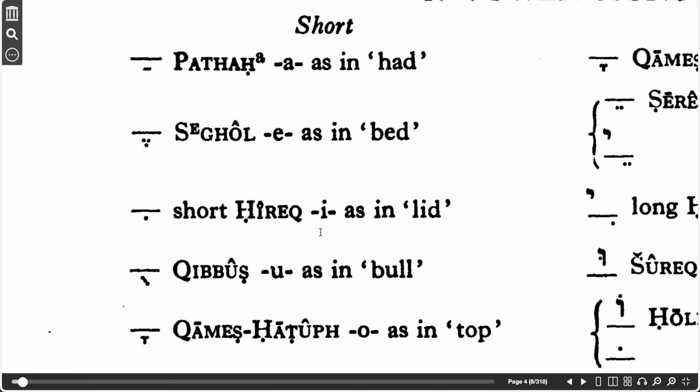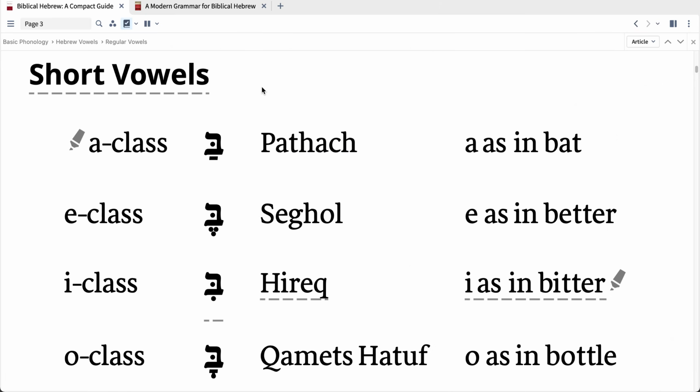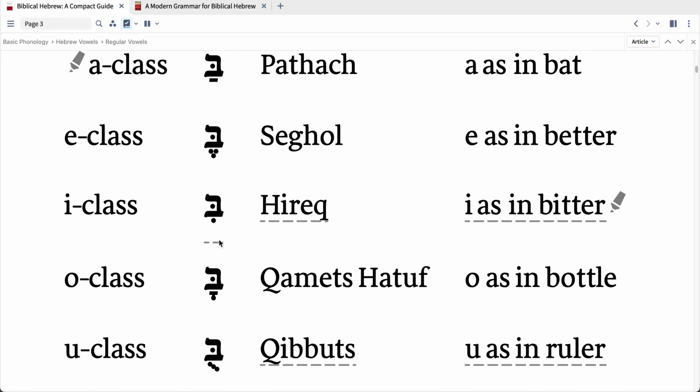The short I sound is called hirik, hirik, I as in lid. So again, imagine this is the letter and it's a dot below the letter. So here again is a little bit more about that. There's pathak, there's segol, E as in better, hirik, there's your dot below the letter, I as in bitter.